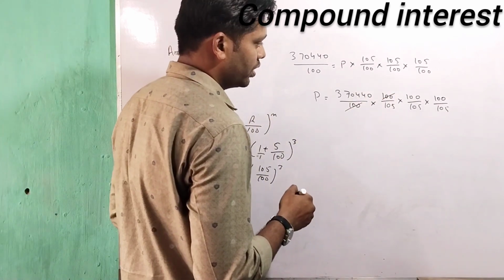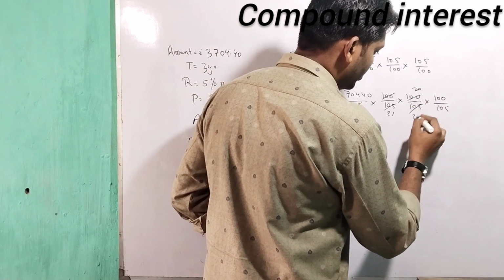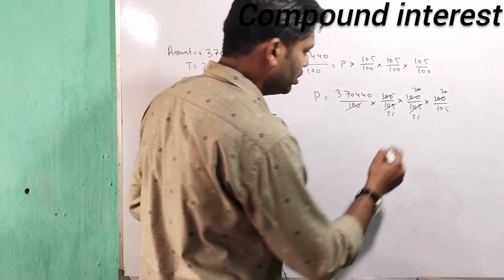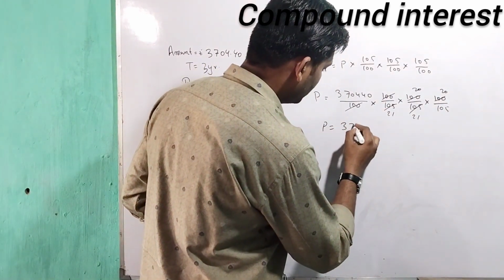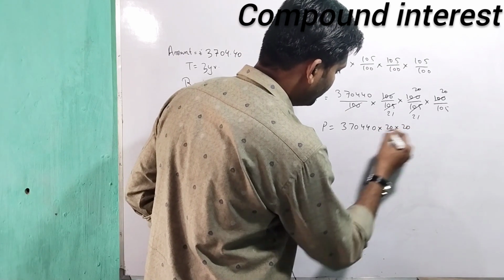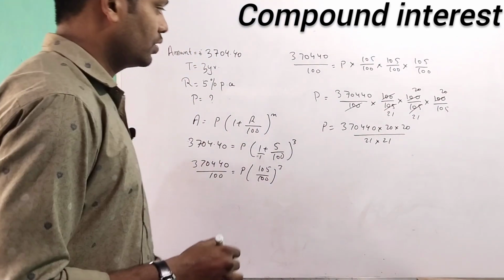Cancelled. Now 21 times 20, 21 times 20, 5 table. Now what is left? First you write 370440 into 20 into 20 by 21 multiplied by 21.